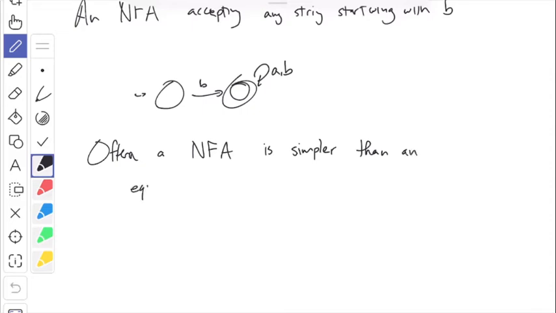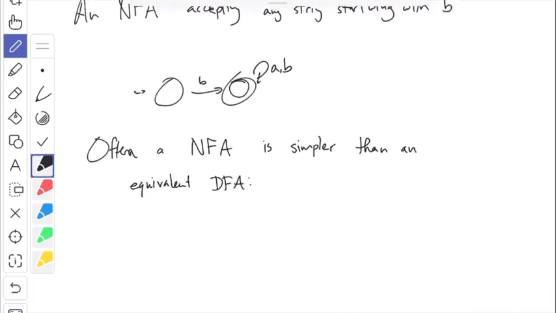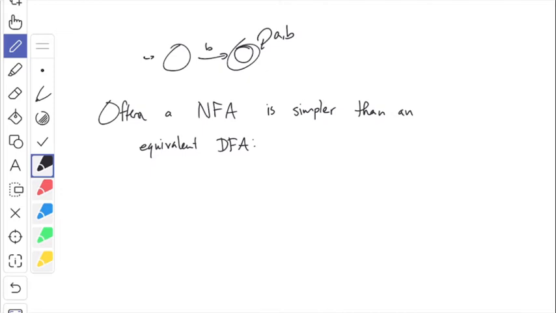For example, how about I would like the language of the strings where the second to last letter is A. All right? Can we do a machine that accepts strings where the second to last letter is A? This actually is not too easy to do with a DFA.